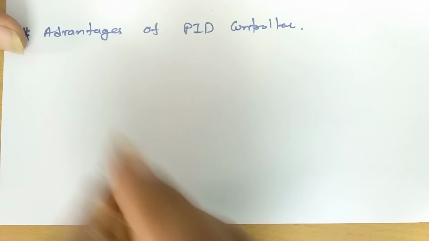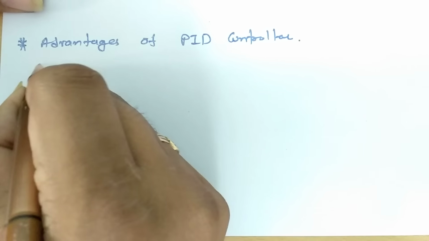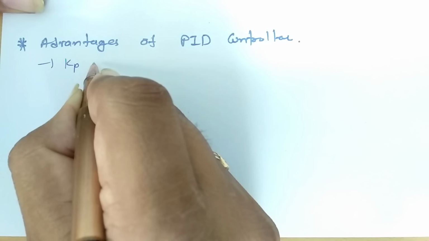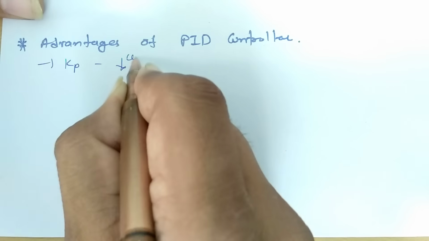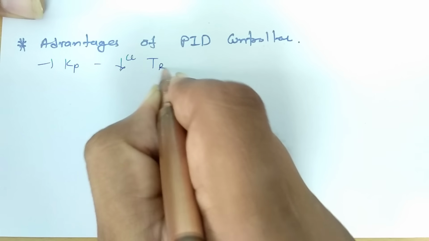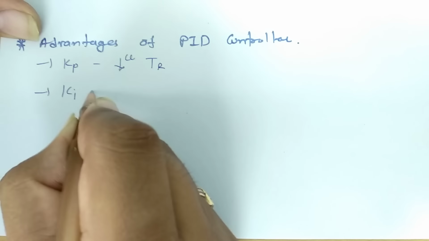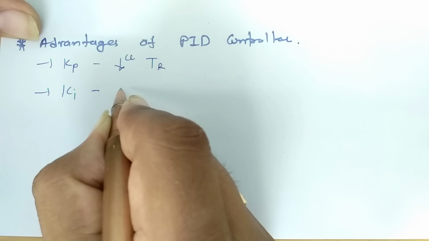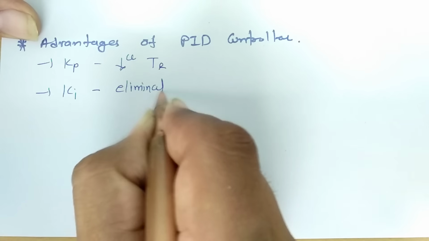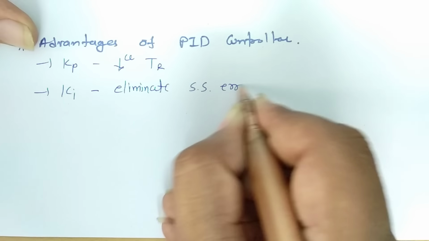Now what are the advantages of this PID controller? There are so many advantages, let us discuss a few. Based on the proportional controller, it will decrease rise time. Based on the integral controller, it will eliminate steady state error.